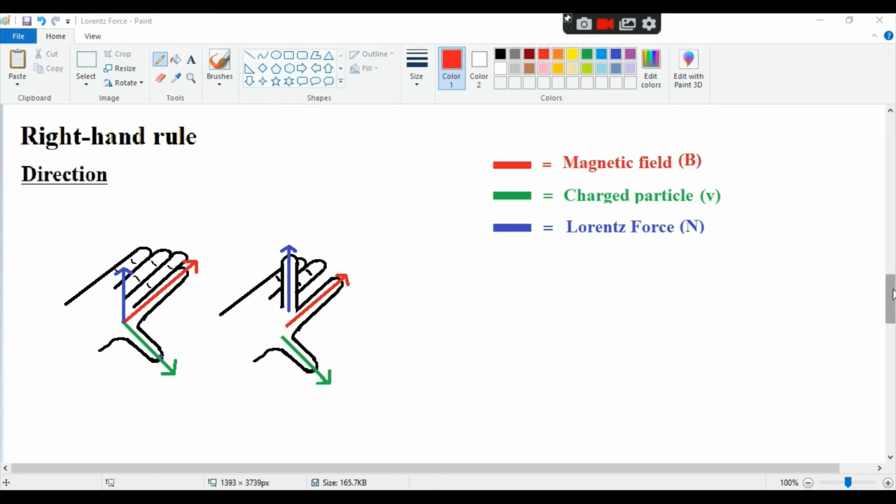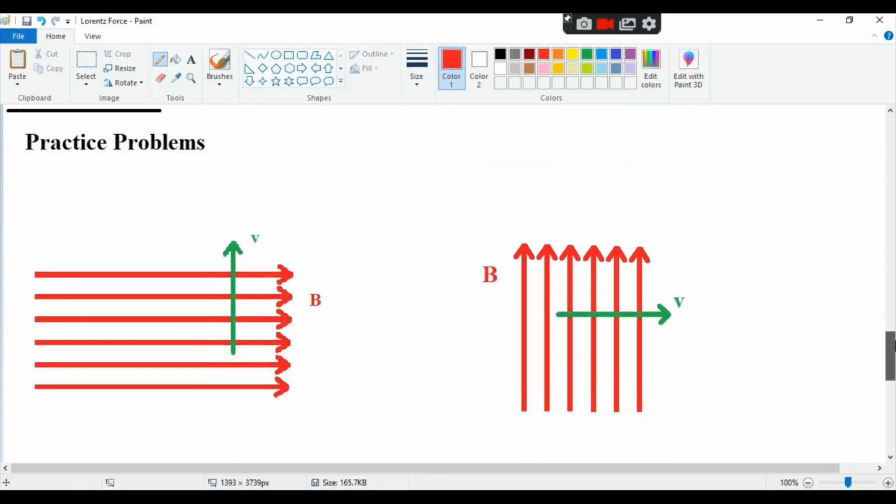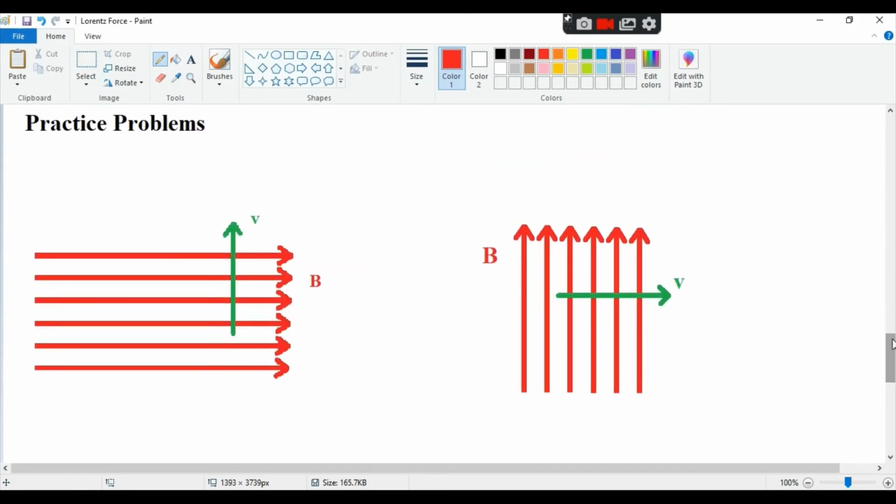So if we scroll down, we can start with some practice problems. In this first one, we have our magnetic field going to the right and our velocity going up. So if you stick your thumb up and then you have your pointer finger pointed to the right, then you have your middle finger pointing out in the same orientation so that the gesture looks the same.